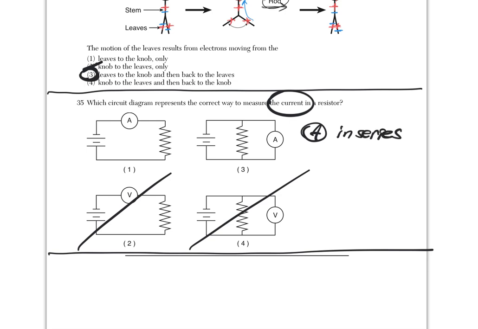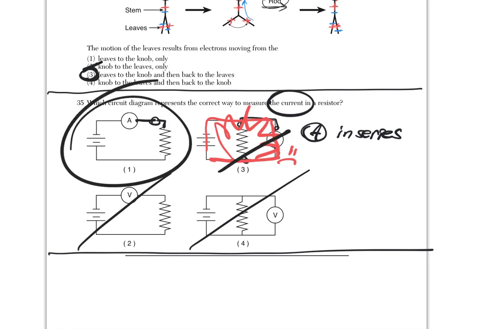So I want that ammeter to be holding hands in series with my resistor. I don't want it hugging in parallel with that resistor. In fact, that's going to create a short circuit and set the whole thing on fire, and you'd be very sad. So it is not 3, it is definitely choice 1.